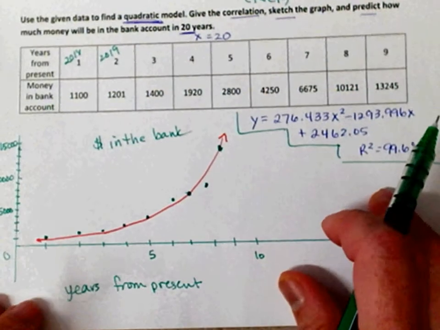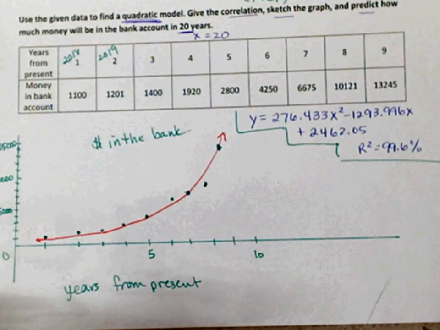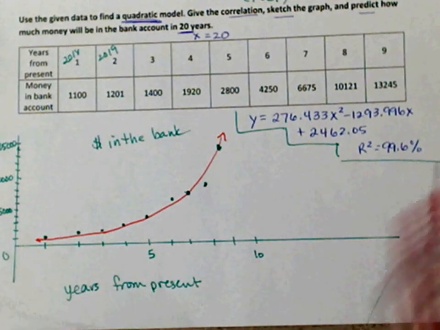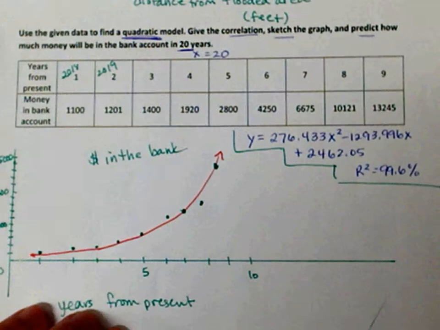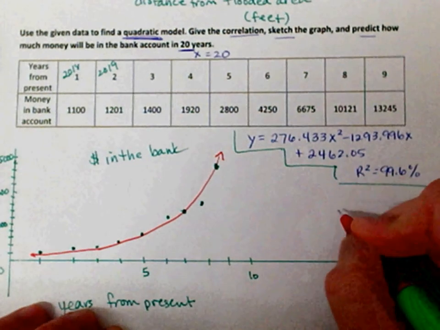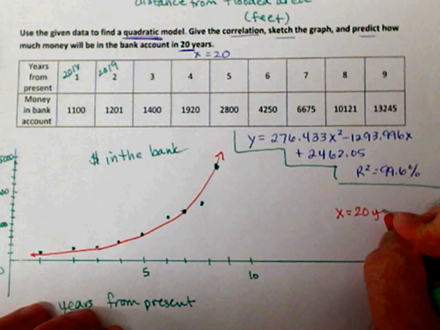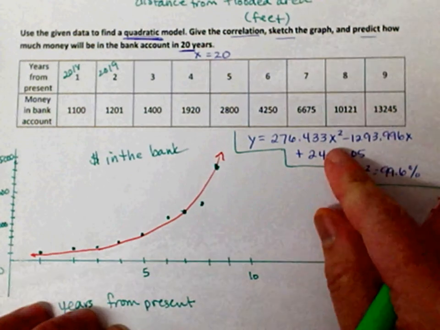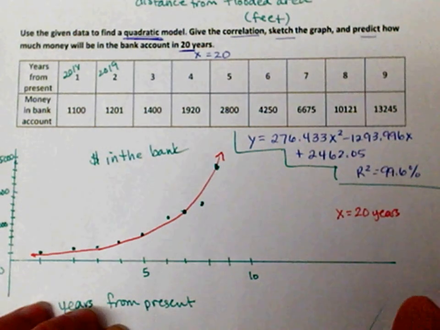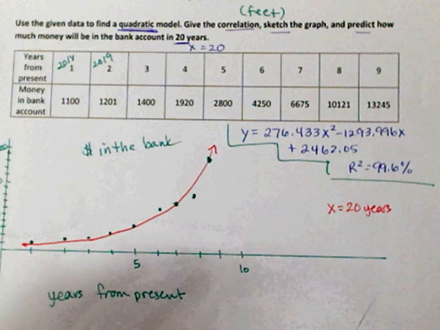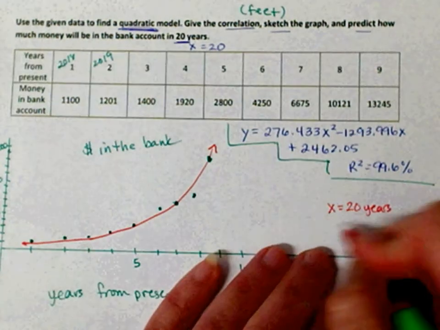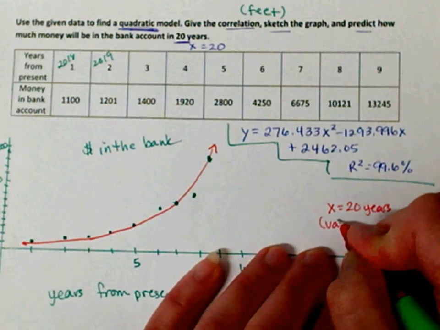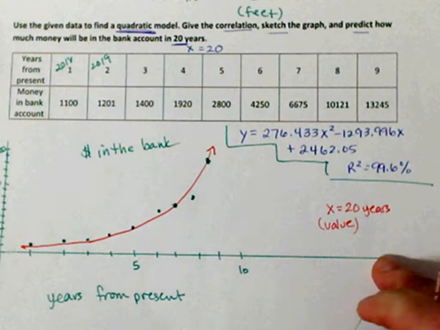Now, it says, predict how much money will be in the bank in 20 years. There are two different ways to do it. x is 20 years. You can plug it into the equation, or you can do it this way. Another word for x is the word value. Notice I entered it.